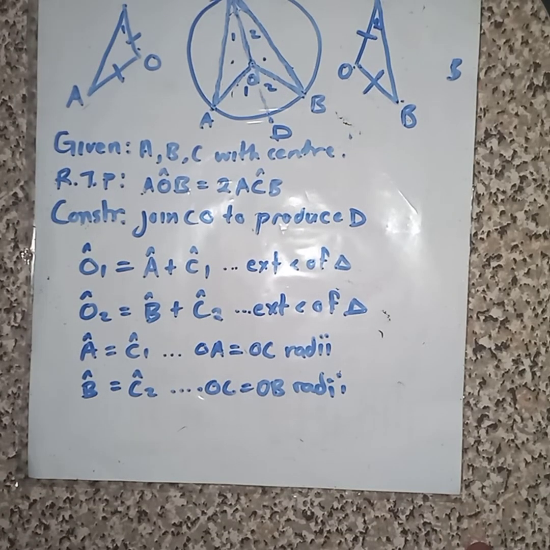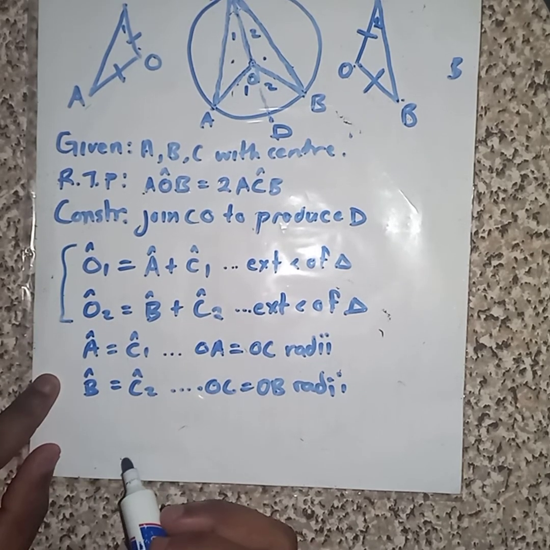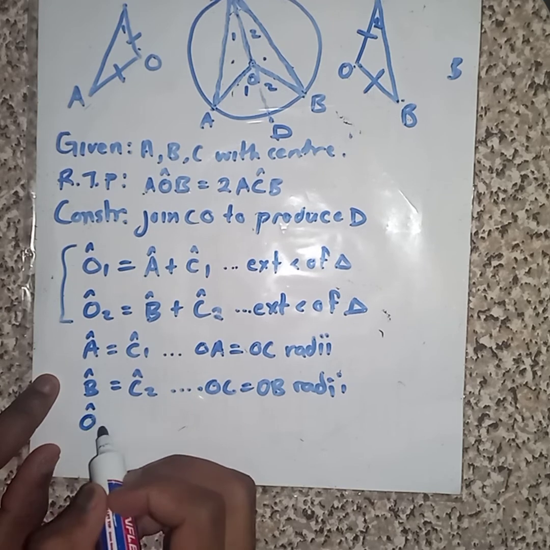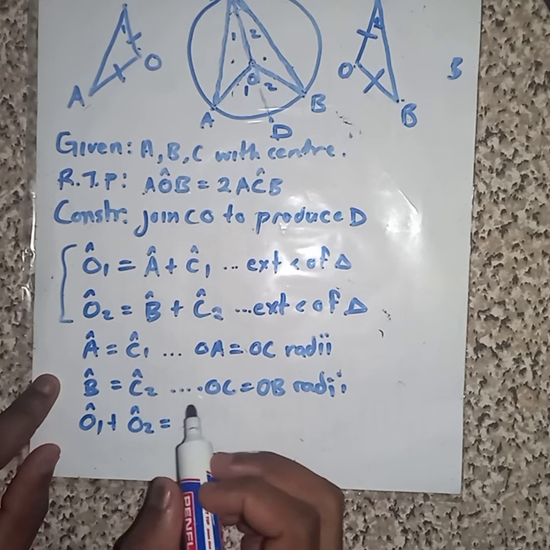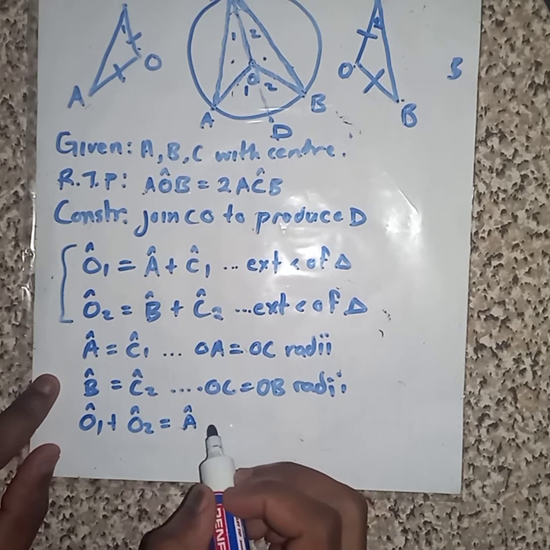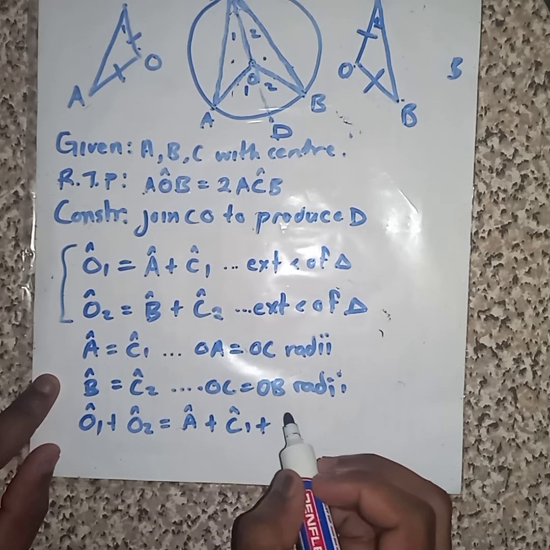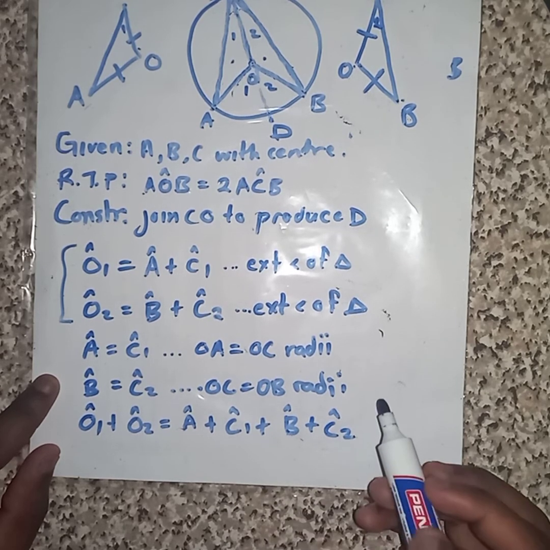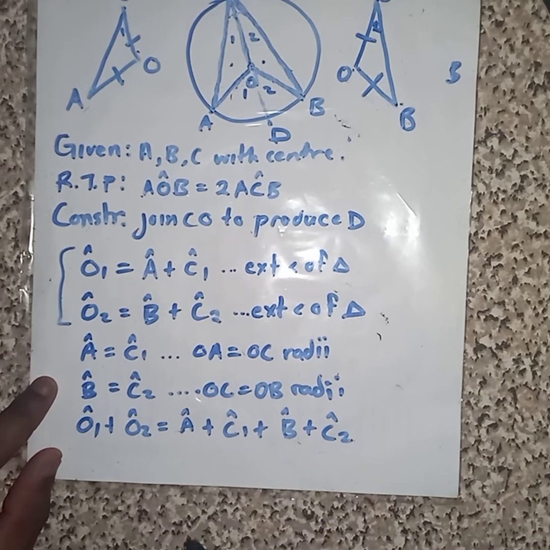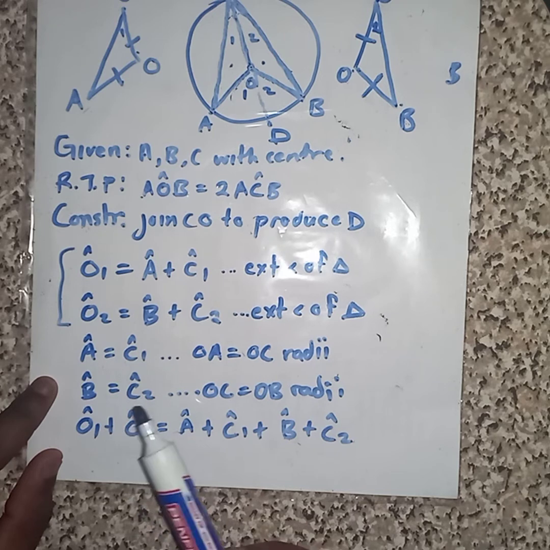Now at this point, we can add these two equations by saying now we have O1 plus O2, which is equal to A plus angle C1 plus angle B plus angle C2. Let us now replace A and B with what? With C1 and C2.